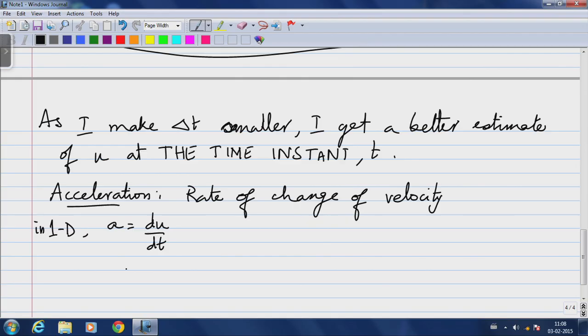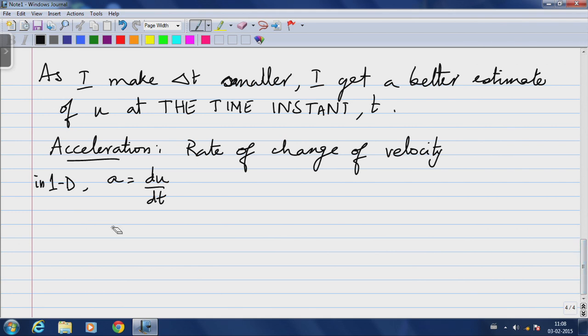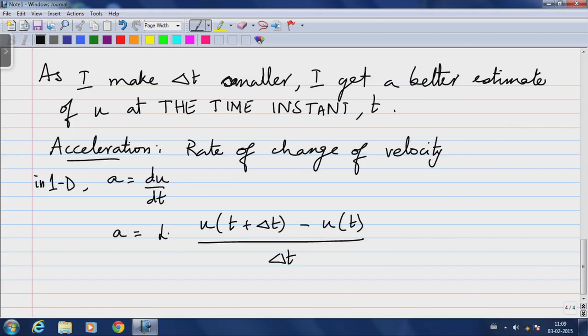Again, if we use the same calculus definition, a equal to u at t plus delta t minus u at t divided by delta t, limit delta t tending to 0.